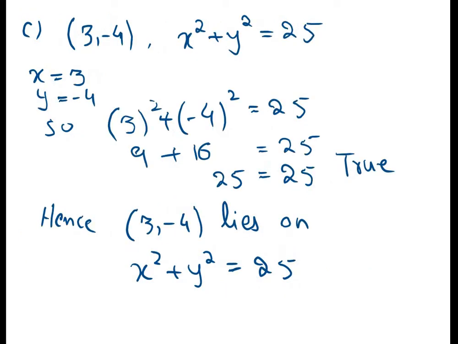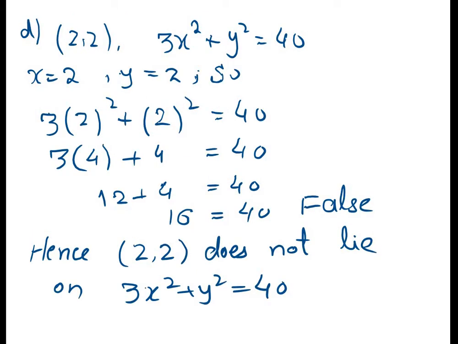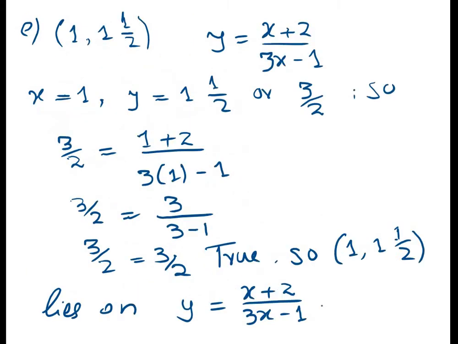Then you have point C. Again, we can check that one. For point D, it is a substitution, replacing the values of x and y. Here x is 1, y is this one. We can replace this by 3 over 2, right?